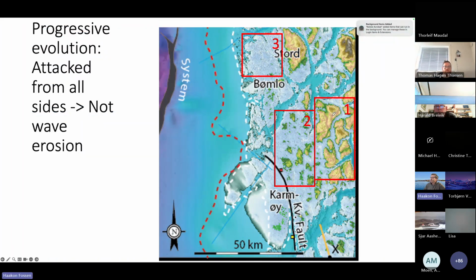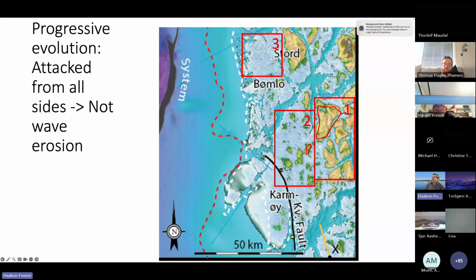So in some areas we can see the strandflat, what seems to be the strandflat, being very limited, and we have these big patches of higher land. And then in other places we see that these highs are smaller, and the strandflat gets bigger.